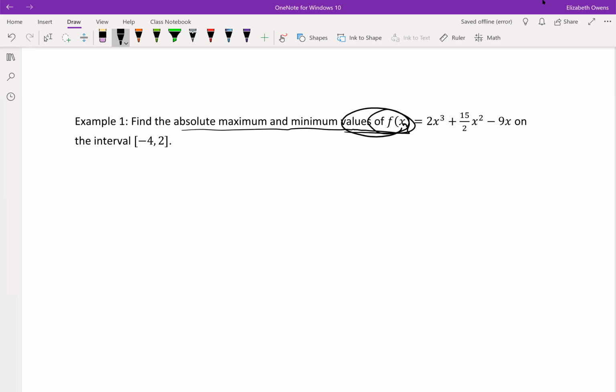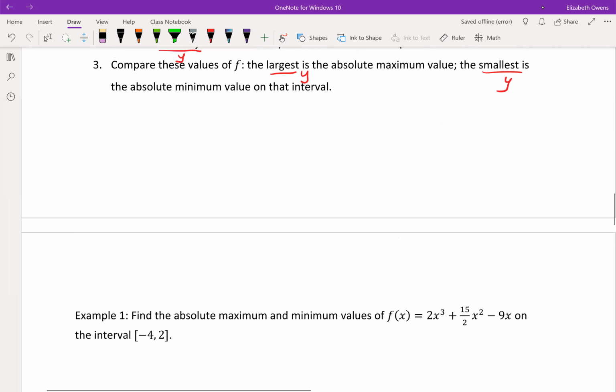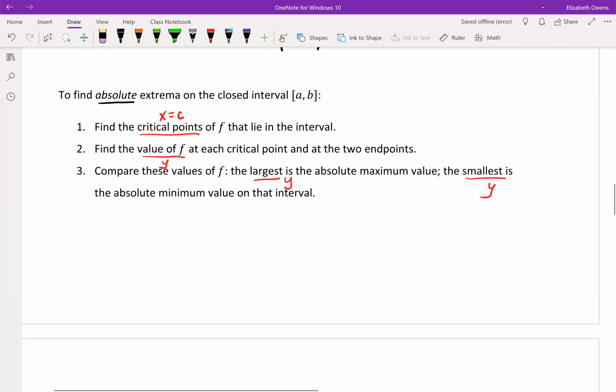So values of f of x, those are going to be like y values. And we're going to follow our little series of steps from right above here. And we actually just noted up on these what's an x value versus what's a y value. In our first step, we're going to find the critical points of our function that are inside the interval. And those critical points are going to come out as x values.